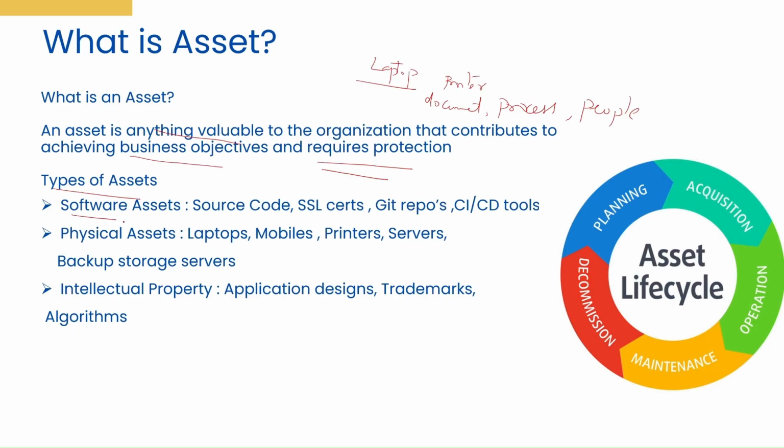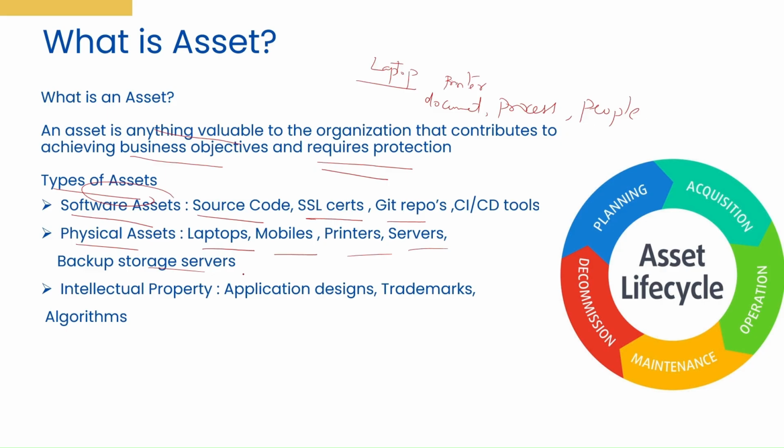Like there are software assets: your source code, your SSL certificates, your Git repository, CI/CD tools that you use. These are all software assets. Now, there are physical assets like your laptop, your mobiles, your tablet, your printers, your physical servers, even office spaces for that matter is an asset to the organization.